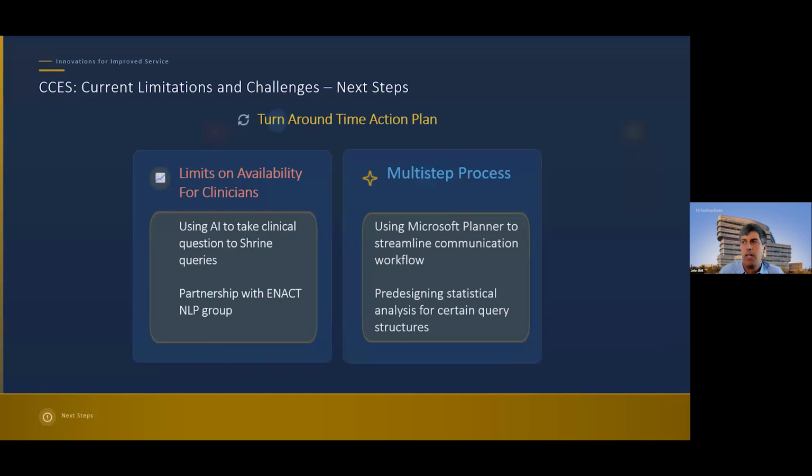Finally, I'm talking about our turnaround time action plan. We're looking for limits on clinician availability. We're looking at AI to take some of the clinical questions to the SHRINE queries.